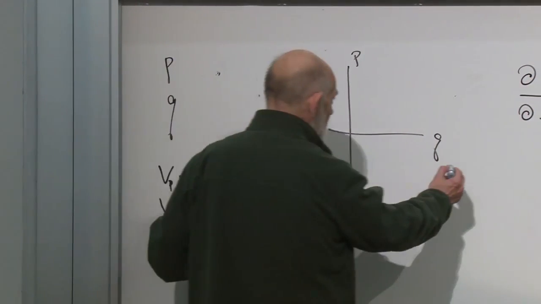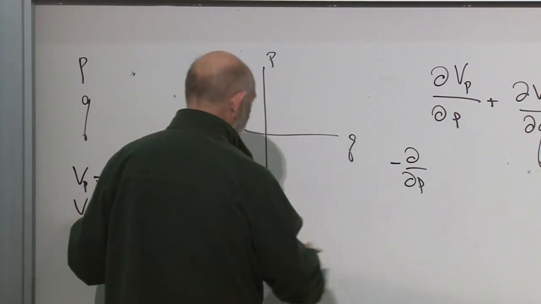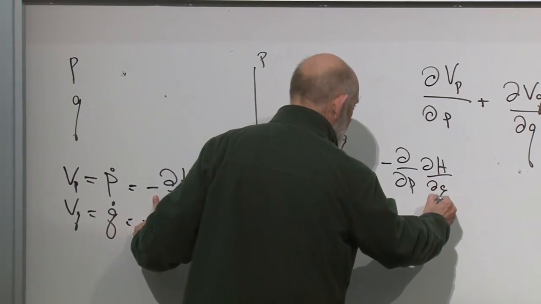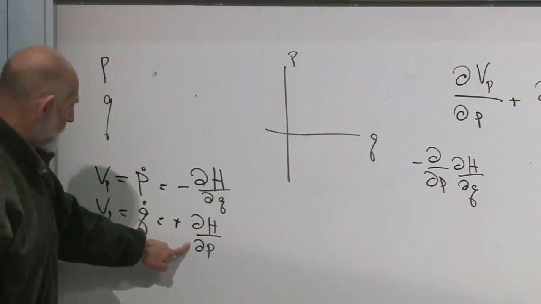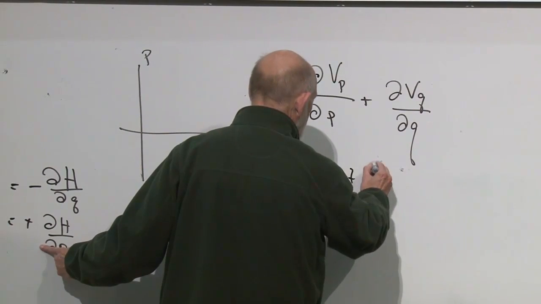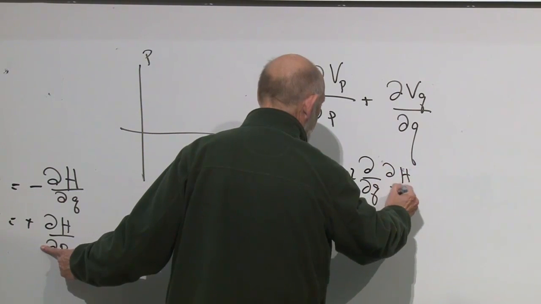This is minus d by dp of dH by dq. And what's this one over here? This is plus d by dq of dH by dp.